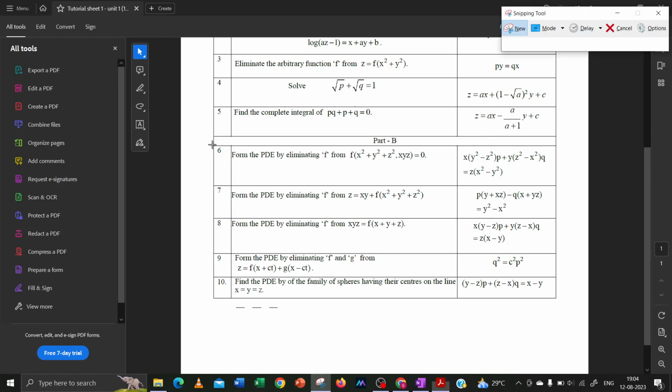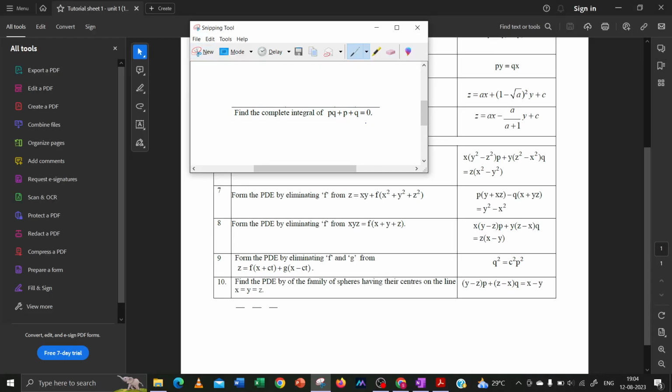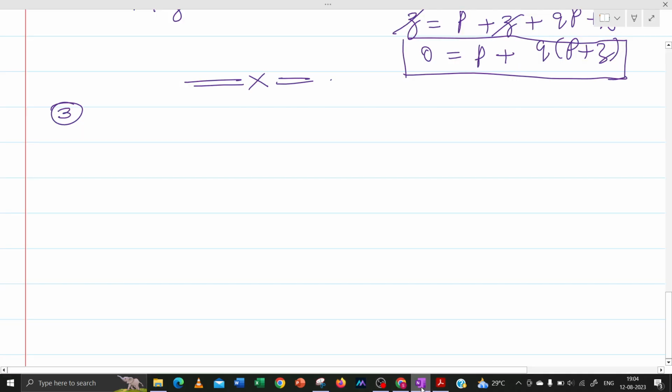Find the complete integral of pq plus p plus q equal to 0. Write the solution for this.